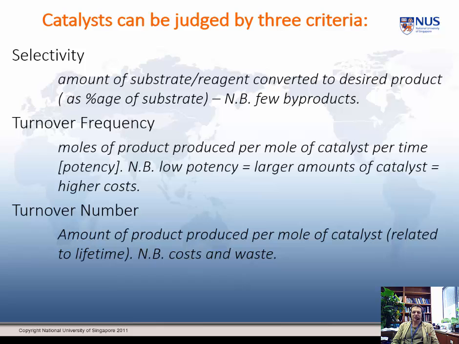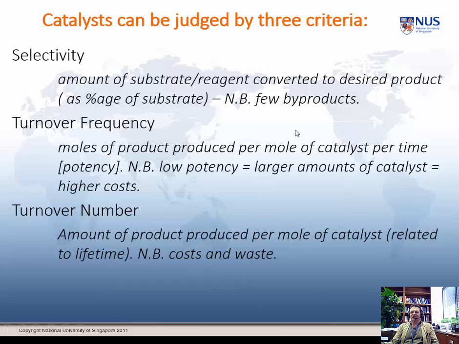So low potency, you have to use high amounts of catalyst with therefore higher costs. Turnover number, the amount of product produced per mole of catalyst, and it's related to the lifetime. And this is about costs and waste. So they're the three criteria by which you judge catalysts.